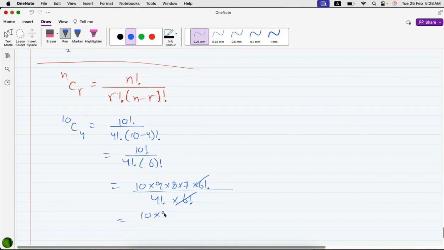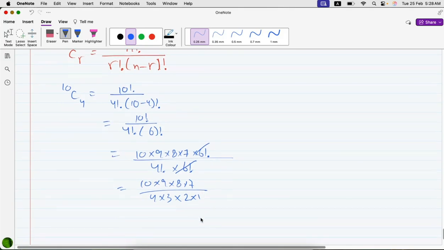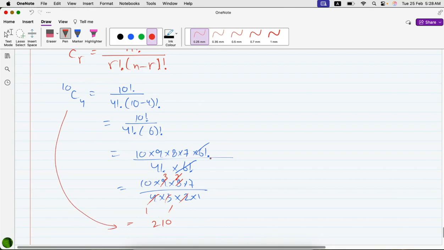And that's 10, 9, 8, 7 over 4, 3, 2, 1, although we have calculators. So 4 one times, 4 two times 2 with 2, 3 one times, 3 three times. So 3, 7 times is 21, 21 into 10 is 210. So 10C4 is 210.